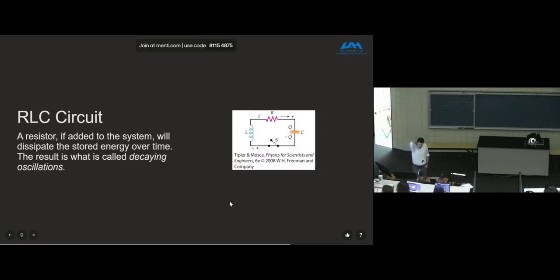If a resistor is added to the system, then the resistor will dissipate the stored energy over time, and the result is what is called a decaying oscillation, meaning that you start with some Q naught on your first oscillation, but by the time you get to your next oscillation, you've lost some initial charge, maybe a tenth of your initial charge, so you're now at 9/10, and the next time you're at 8/10, and then 7/10, and eventually you'll decay off to 0.